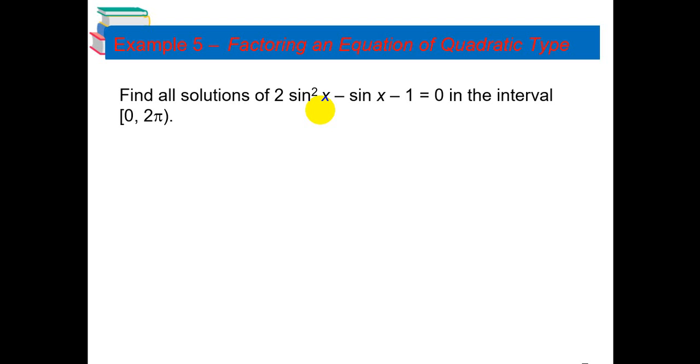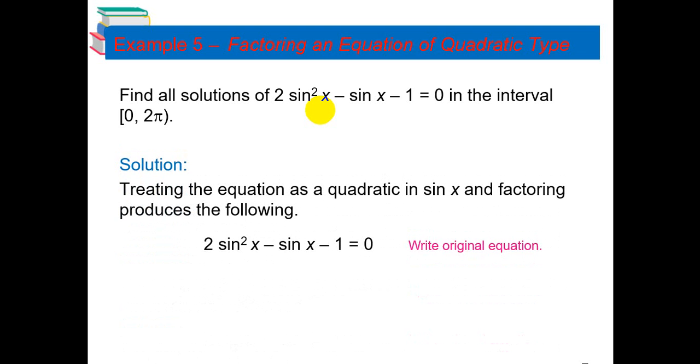As I have mentioned, to solve such quadratic trigonometric equations, you have to factorize them. So I will factorize my original equation into this form: 2 sin x plus 1 into sin x minus 1 is equal to 0. You know how to factorize this by middle term break, or the factorization method.